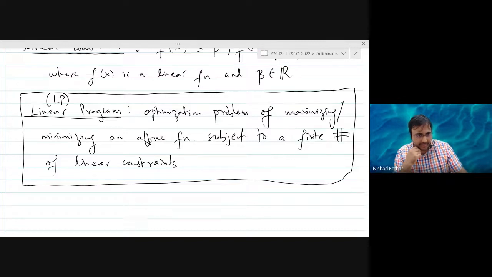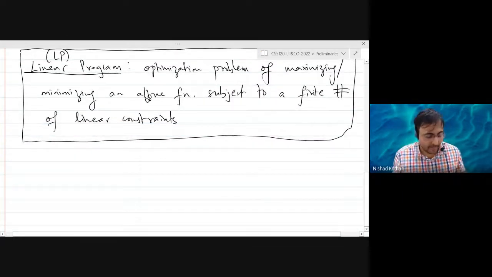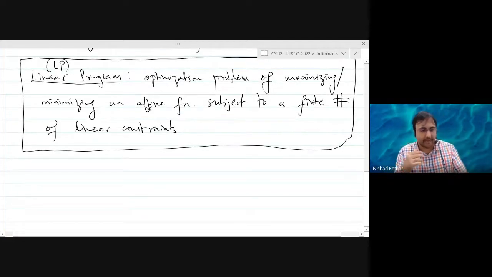So rather than calling it linear optimization, people referred to it as linear programming because you just tended to get more money if you used that term. Right? This was back in the days of World War II when programming was still a new thing. So that's why they called it linear program, and we are stuck with that terminology. But perhaps the more correct thing would be to just call it a linear optimization problem.